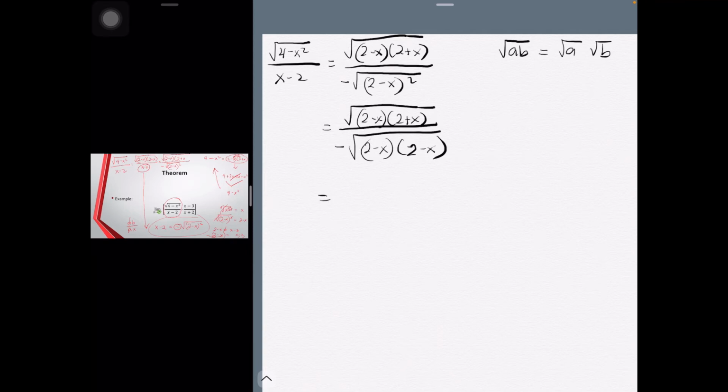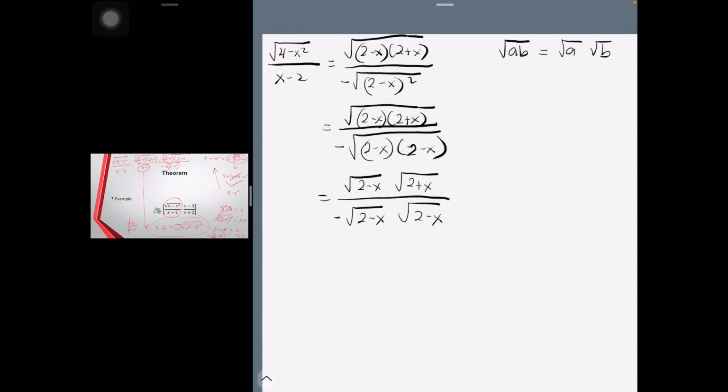That is, our numerator can be written as the square root of 2 minus x times another square root of 2 plus x. Now our denominator this time can be written as negative square root of 2 minus x times a square root of 2 minus x.